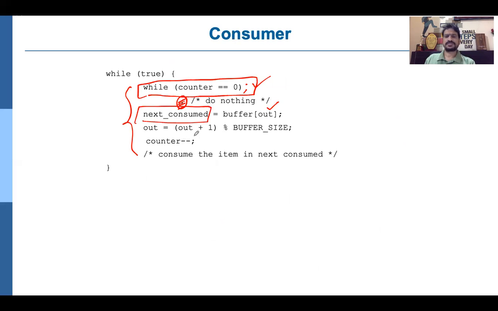It will keep on consuming, and it will keep decreasing the counter value. Let's say right now it has 1, 2, and 3, and some places in the buffer are empty. The consumer is going to consume 1, consume 2, and consume 3. And when it doesn't have anything, it will go into the infinite loop.